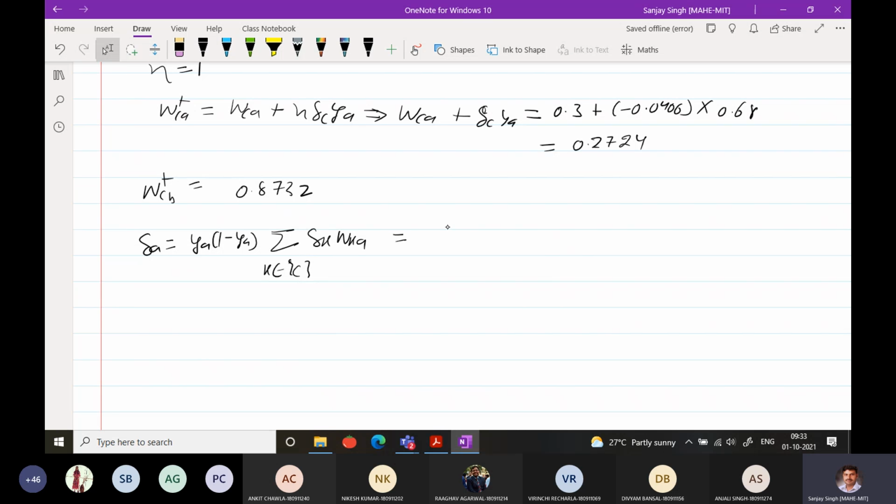So I can write straight away YA1 minus YA, delta C, WCA. Remember that this WCA is the updated weight which you have with you. When you substitute all these things, the value comes out to be minus 2.4 into 10 to the power minus 3. It's a very small value.